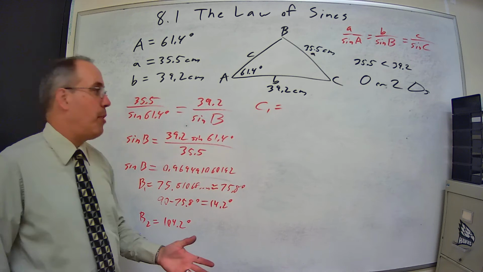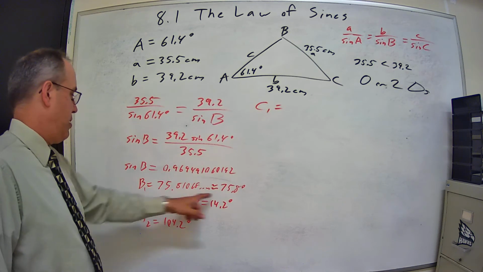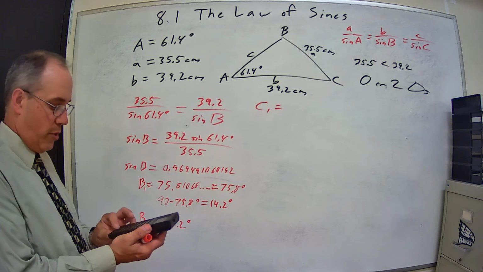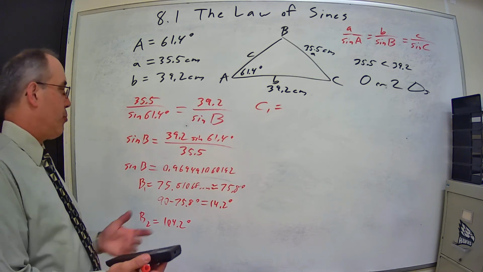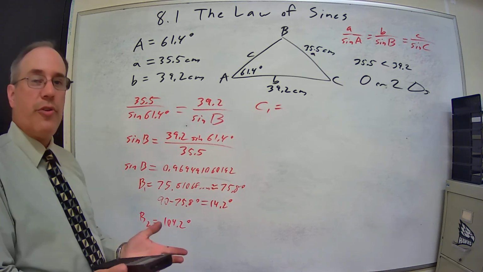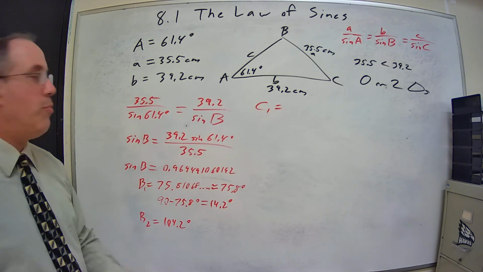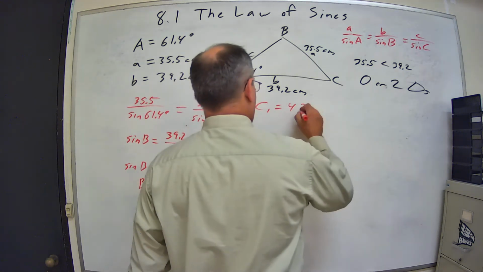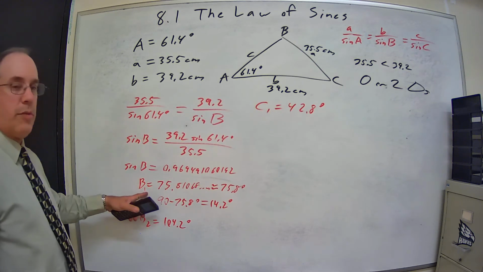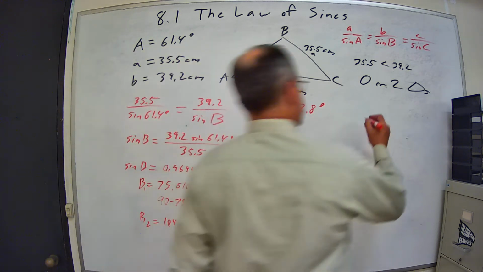So we have B1 and B2, which means I can now find C1, which can be done simply by taking A and B1 and adding them together and subtracting from 180. So I've got 61.4 plus 75.8, which gives us 137.2. If I subtract that from 180, I get 42.8 degrees. So using B1, that's C1. If I use B2, I can get C2.